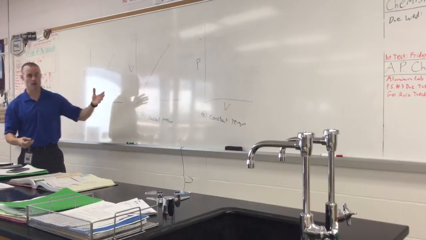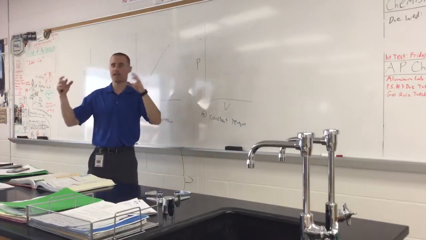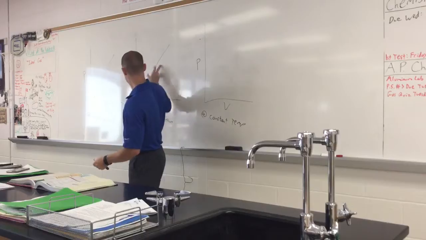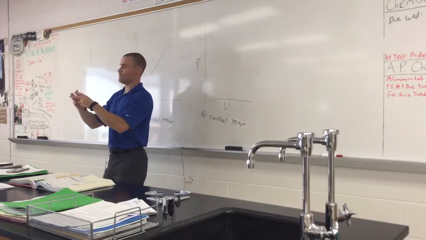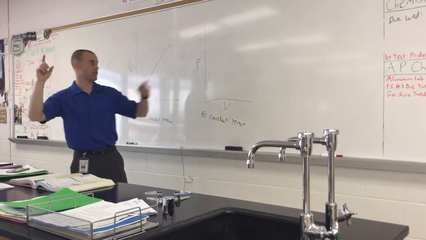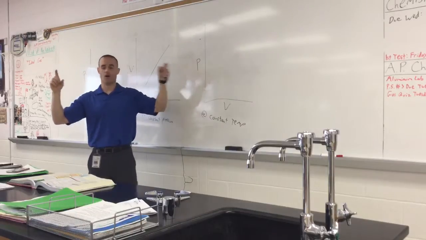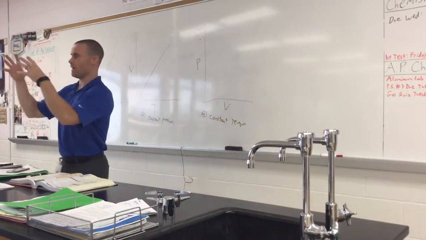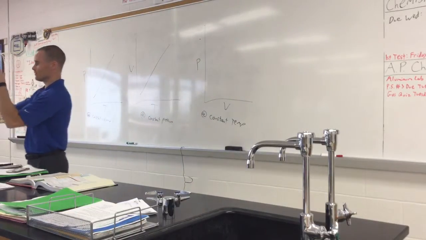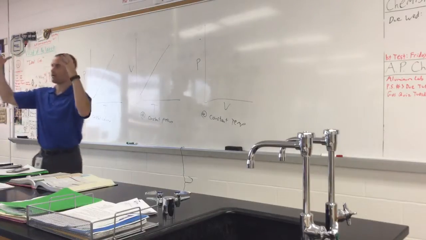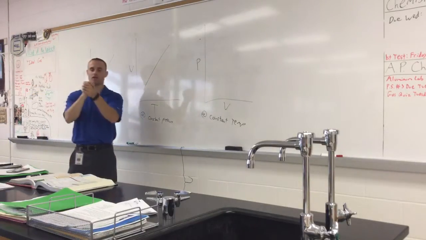So, you saw this. When I cooled the gas down, both of these dropped to almost zero, right? But the air pressure stayed the same. So when I cooled the gas down in that can, the volume shrunk, the pressure dropped, but the pressure out here was the same, so it crushed the can.